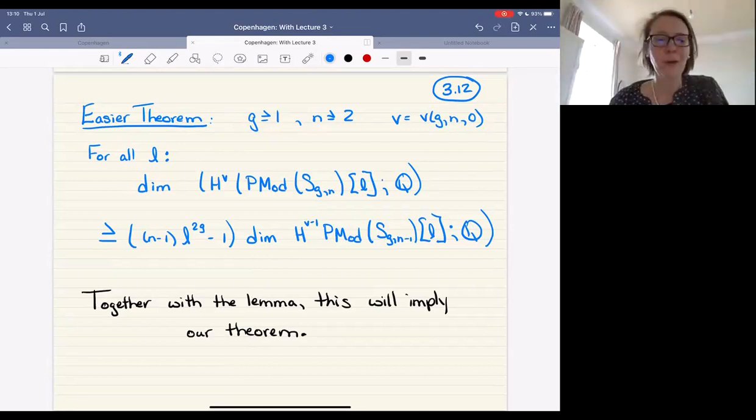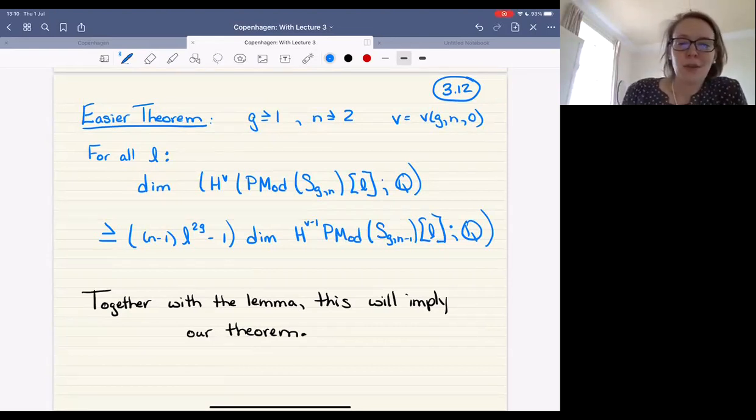That's what we're going for here. And so this is going to let us do an induction step, of course. So, in the time that we have left, I'm going to try to give you some of the key ideas that go into this proof and also tell you how to derive our main theorem from this easier theorem. Okay.